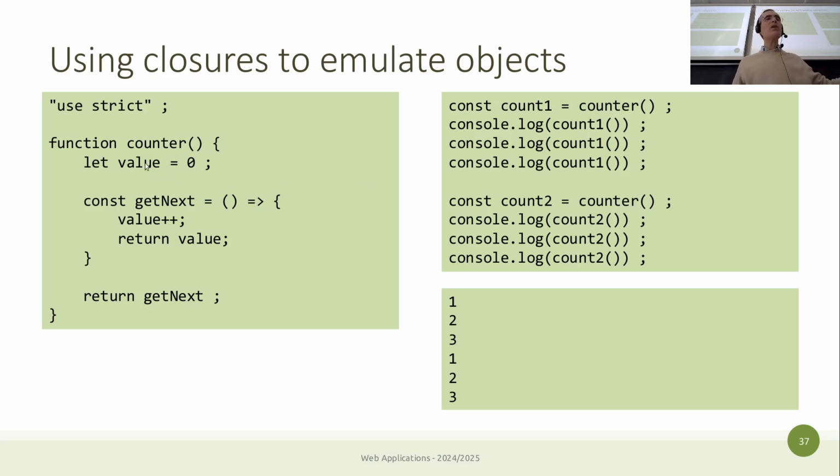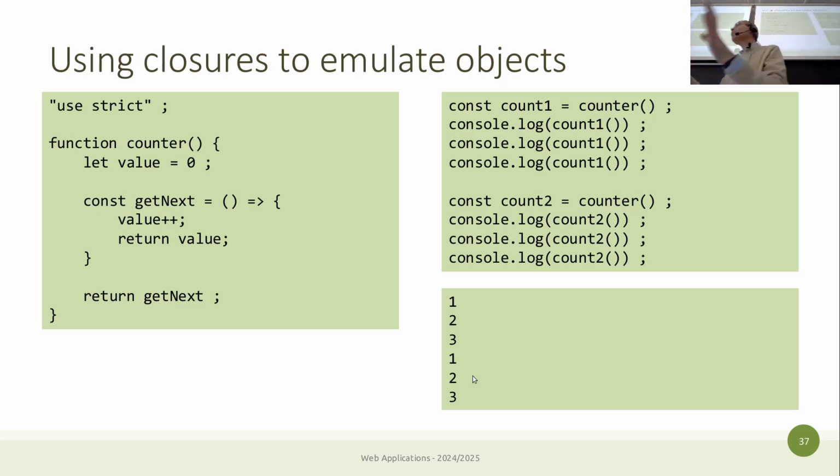So there are actually 2 different variables named value in memory: the one inside the closure of the first call, and the other one in the second closure. And that's why you get, again, 1, 2, 3. And those 2 variables are isolated.